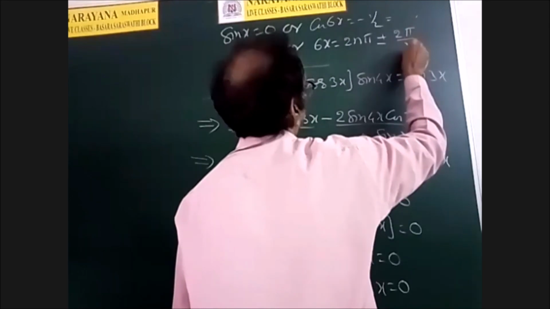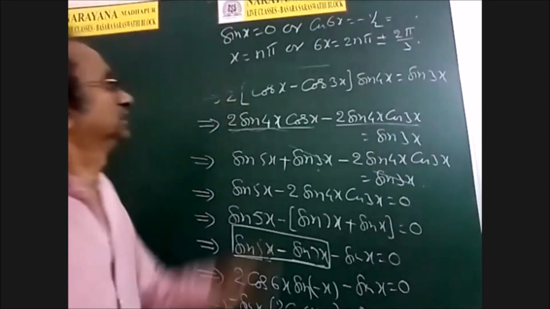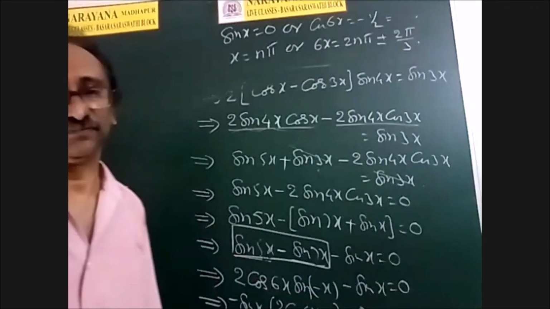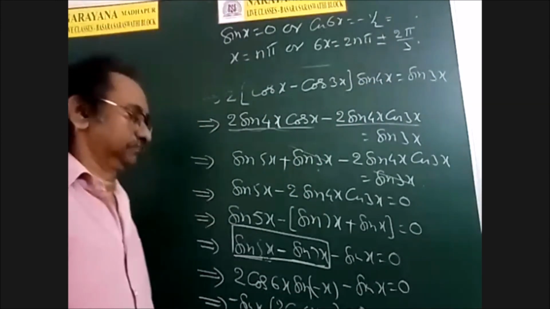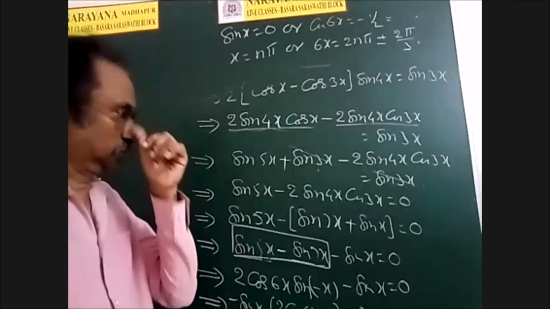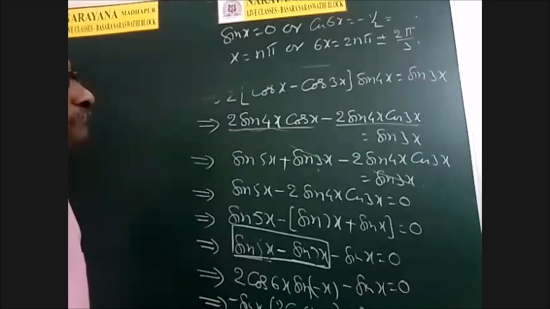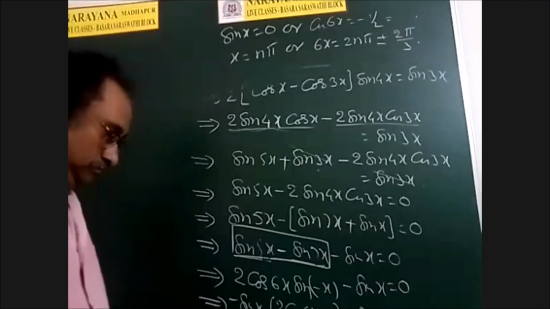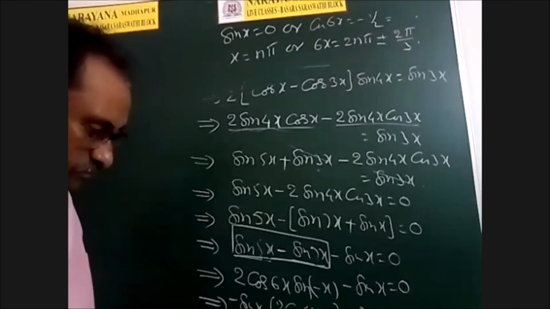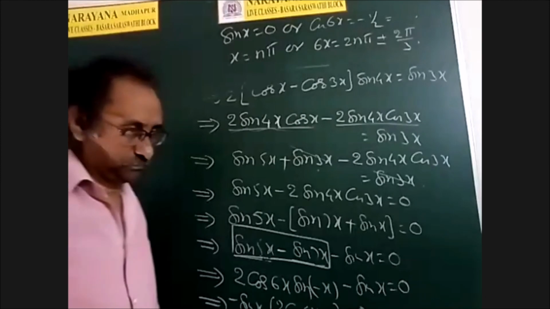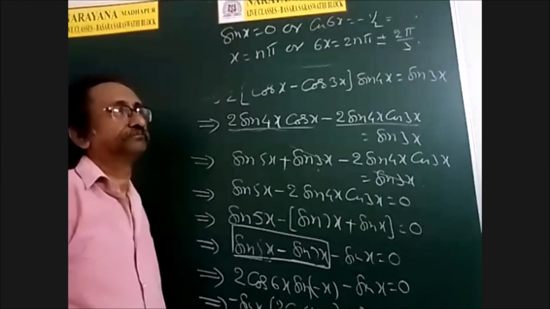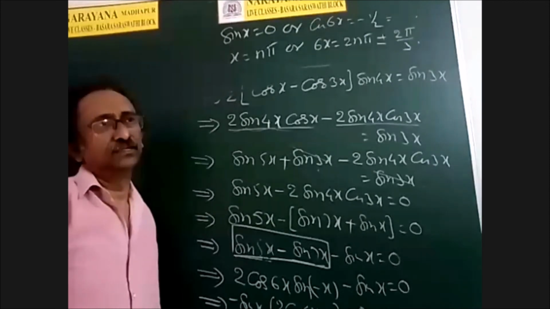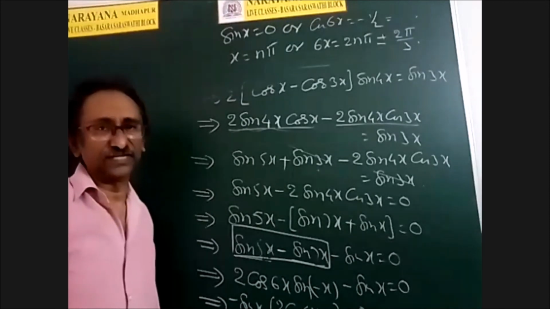Therefore, this is the final one. Just divide this by 6 to get x. Write down. So by deviating from the second step, it costs me some 2 to 3 steps extra, that's all.